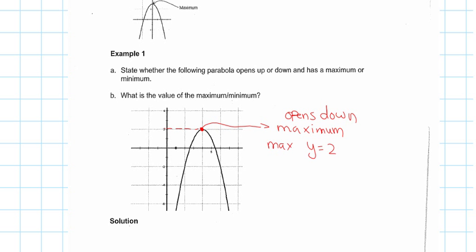Because that's the maximum y value that you're ever going to have for this graph. Any other y value is below 2. If I look at this y value, it's going to be at 0. If I look at this y value, it's going to be at negative 2. This one is going to be negative 4. This is going to be 1. So any y value after that is below the maximum of 2. Does that make sense?